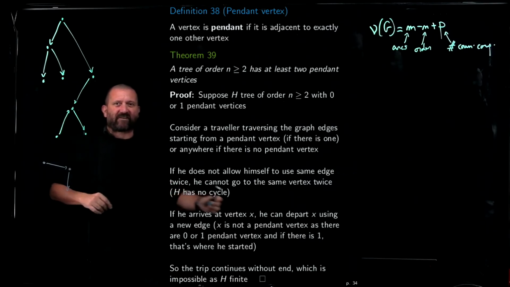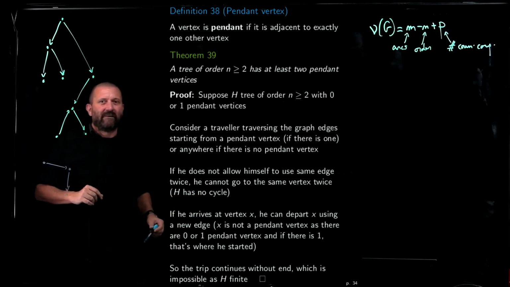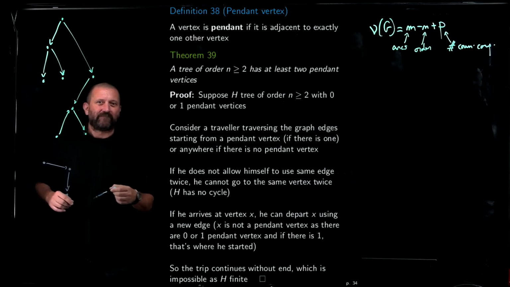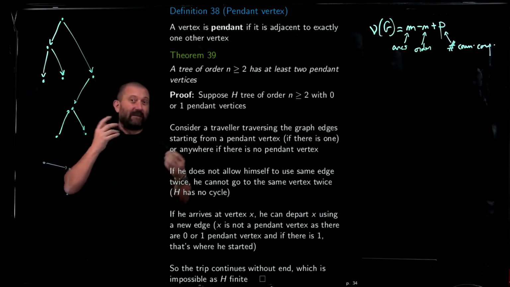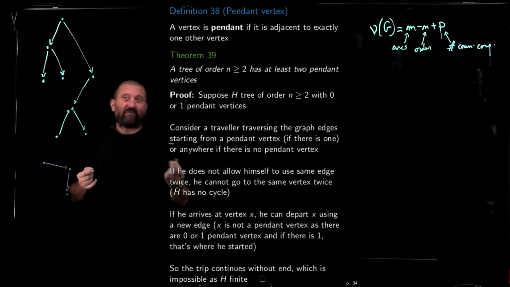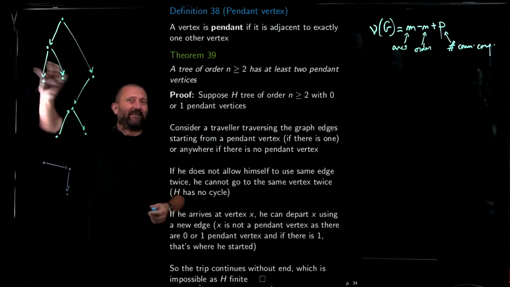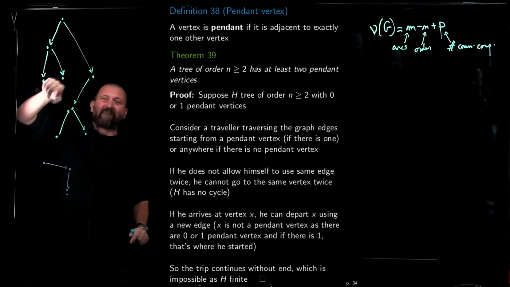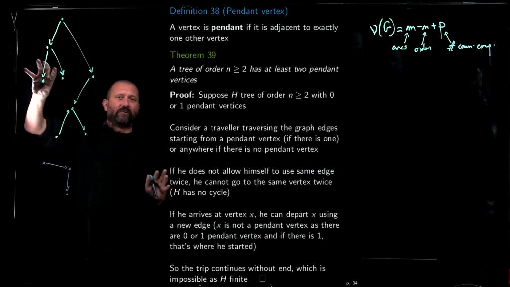Suppose I get to a vertex that I'll call x. Then I can depart x using a new edge, and x is not a pendant because there are 0 or 1 pendant vertices, and we've assumed that I started at the only pendant vertex.